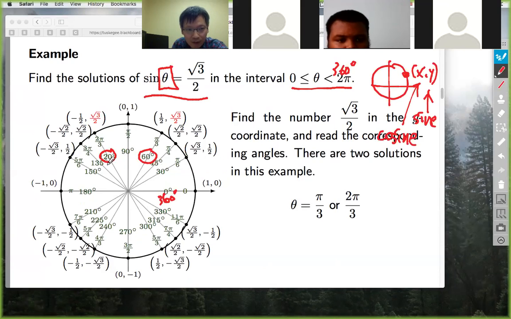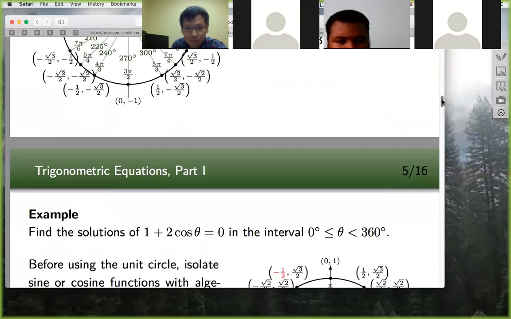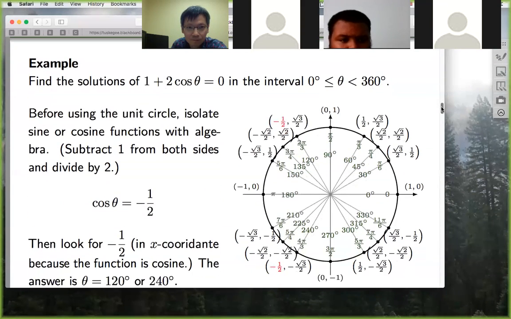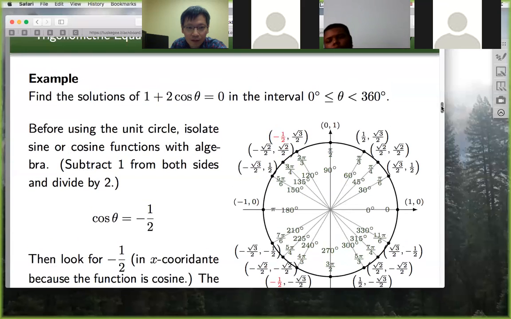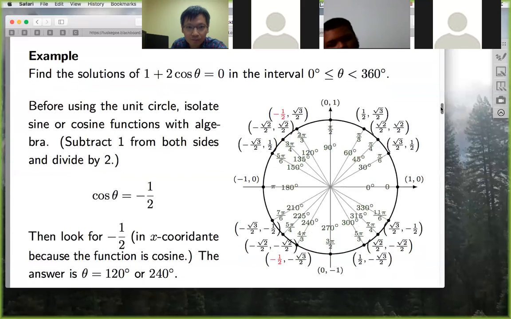Look them up, and you get two angles, 60 degrees and 120 degrees, or in radians, these two. That's how you get the answer. You just look them up and get the answer right away. Any questions? This is one of the easy types of questions. Here is another question.